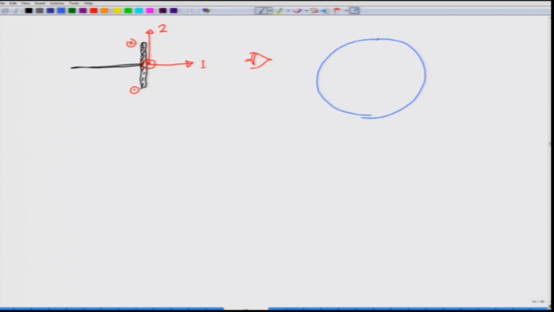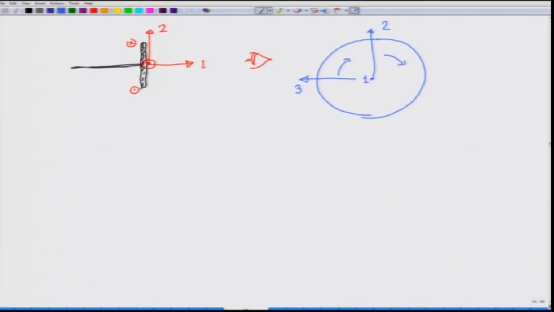Then you see that axis 1 is coming out, axis 2 is up, and axis 3 is going to your left. So, 3 and 2 at this time. As the wheel rotates, as the wheel goes in, you will see that axis 3 and axis 2 will tend to rotate like this.